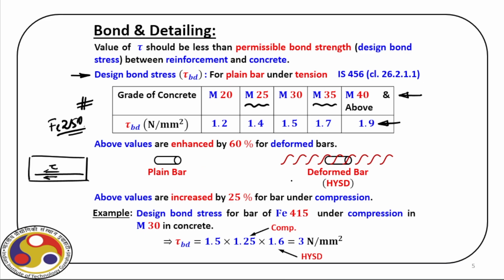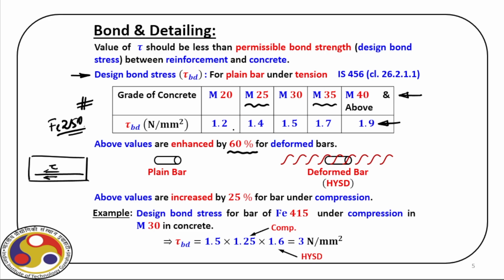The moment we use HYSD bars, they have helical ribs over the surface, as you can see here, and because of that they offer more bond stress against flexure. The code says that in case of HYSD bar, we should enhance the value of tau BD by 60%.